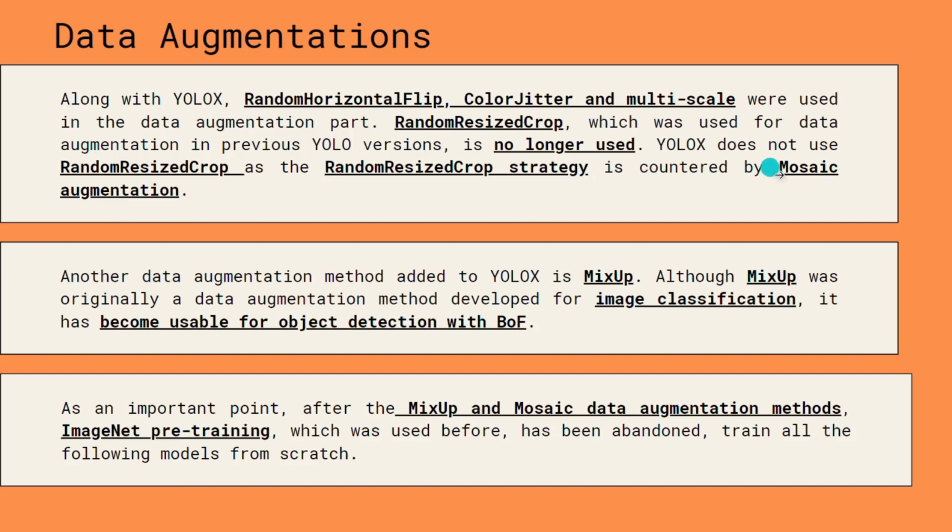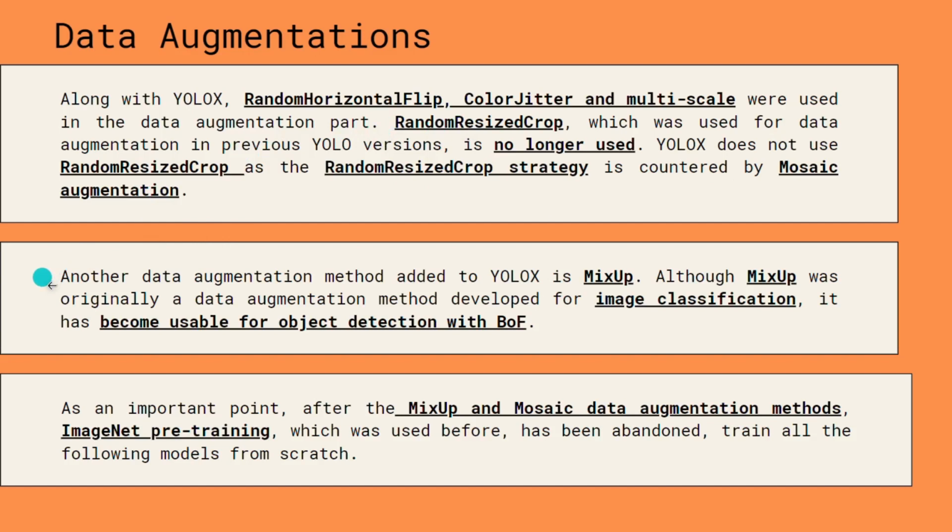Mosaic augmentation is one of the bag of freebies which was implemented in YOLO v4, where we stitch 4 different images together in order to optimize the model during training. But since the random resized crop strategy was already countered by the mosaic augmentation, they dropped this technique in the YOLOX model.